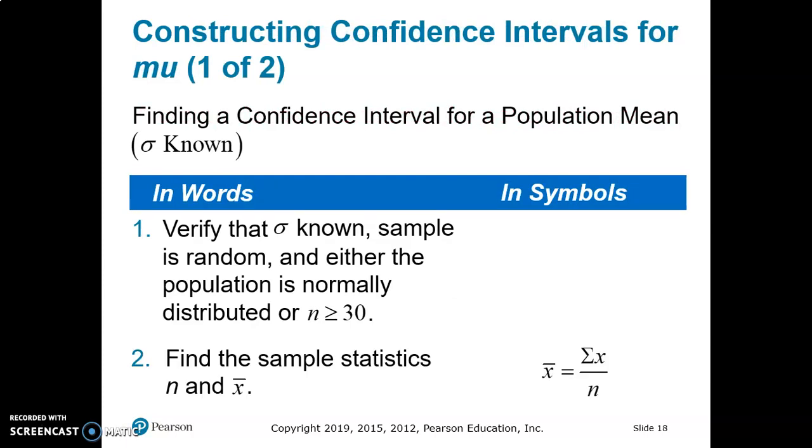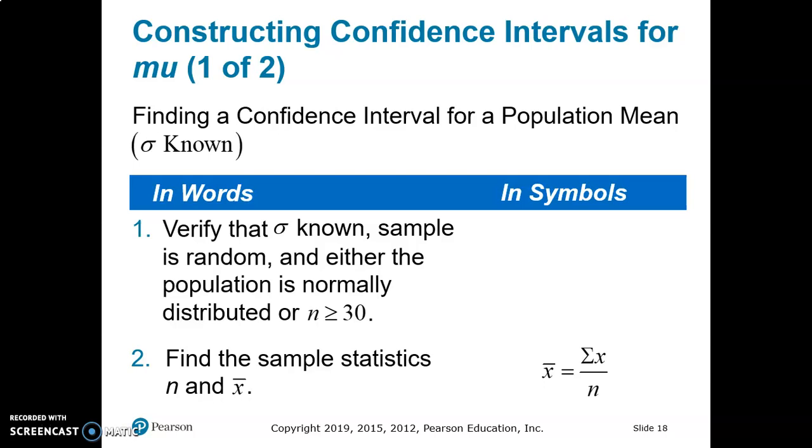And so in words, this is the direction you go in terms of trying to construct these confidence intervals for mu. And this is key here, the fact that sigma is known. If sigma is not known, things are going to change, and that's what the next section's over. First, you want to make sure that sigma is known. If it is, your life becomes a lot easier.